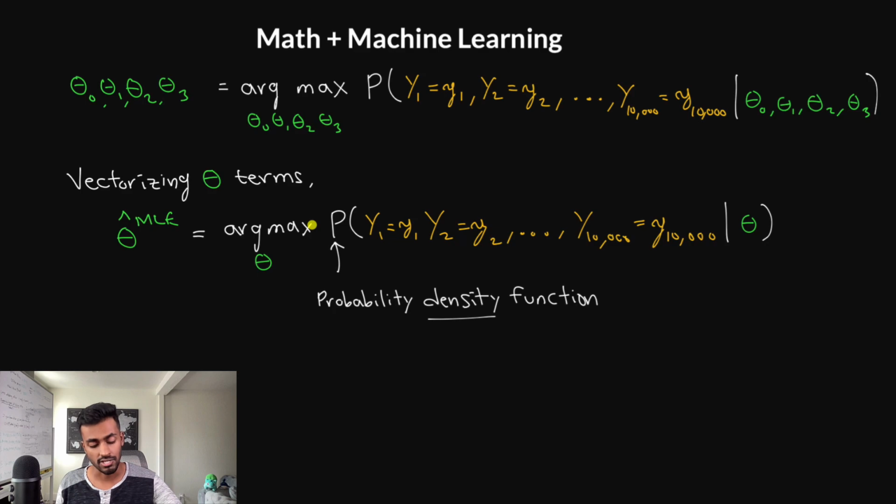Now in the next section, we're going to replace this notation to represent a probability density function, as well as look into the concept of independently and identically distributed samples and what it means to this equation mathematically.